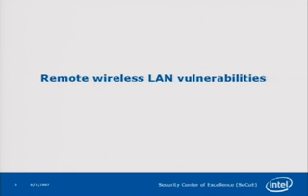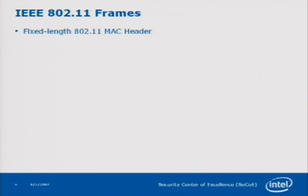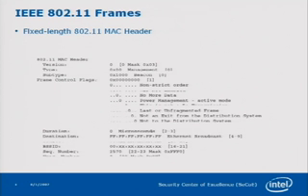So first of all, remote wireless LAN vulnerabilities. Let's discuss the brief format of the WLAN frames. First of all, they consist of a MAC header defined by the MAC-PHY specification, and you can see this header on the screen.